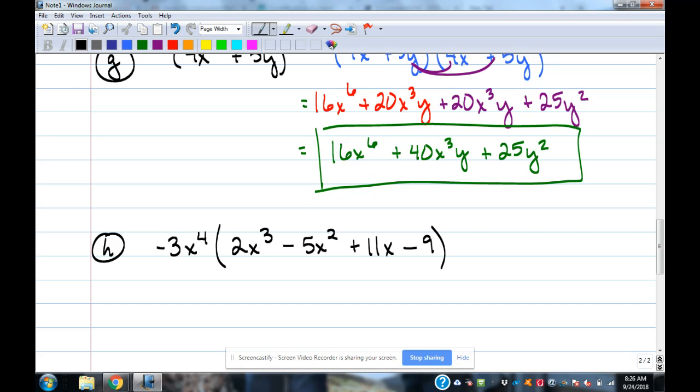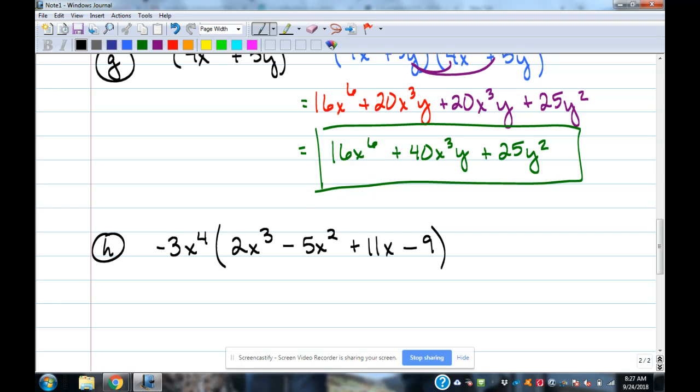What property is this? Distributive property. We're distributing a monomial. It's a monomial because it only has one term. M-O-N-O, that prefix means one. So there's only one term here. We're distributing this monomial to this polynomial because it's got more than one term.